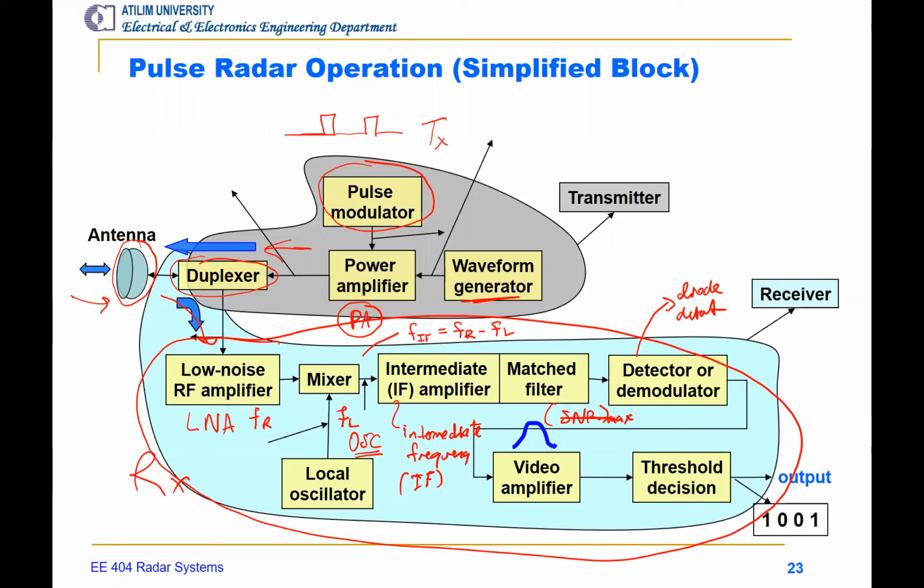You may remember the envelope detector in communication systems. If you look at the lecture notes, you will see the envelope detector. So that's the same concept. Here we get a pulse type signal at the output of this detector.